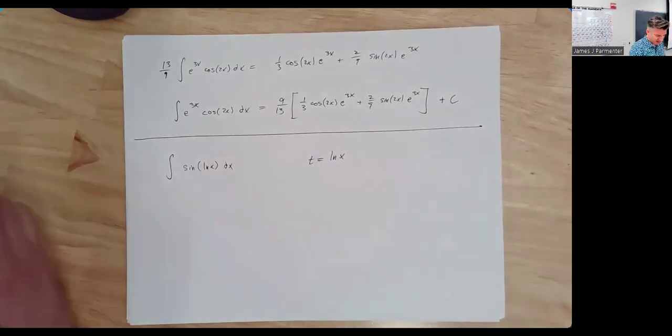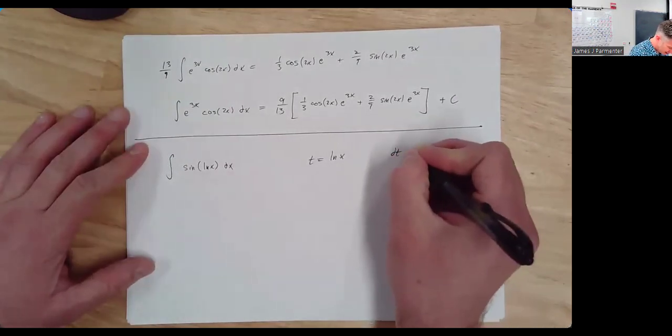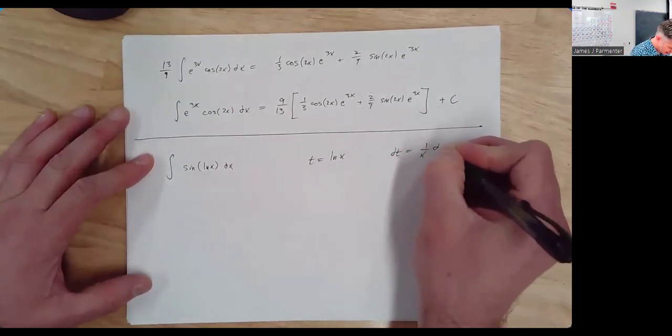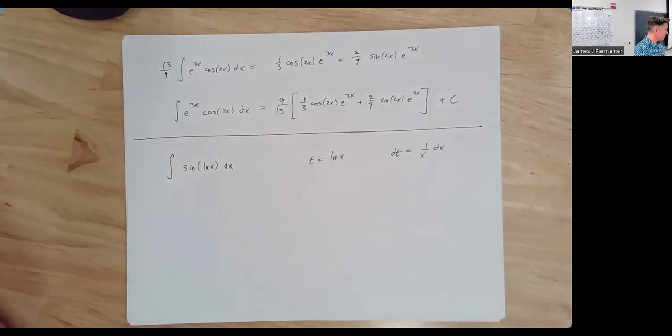And then I'm going to see that dt is 1/x dx, and that is not looking good for me. I would like for there to be a 1/x dx, and there isn't. People deal with this in one of two ways, which both end up being the same. Here's the way that I think is easier.